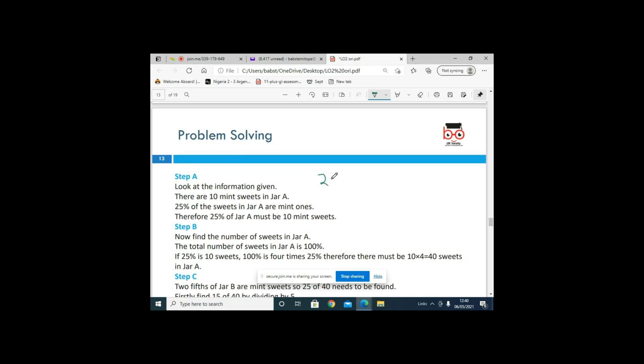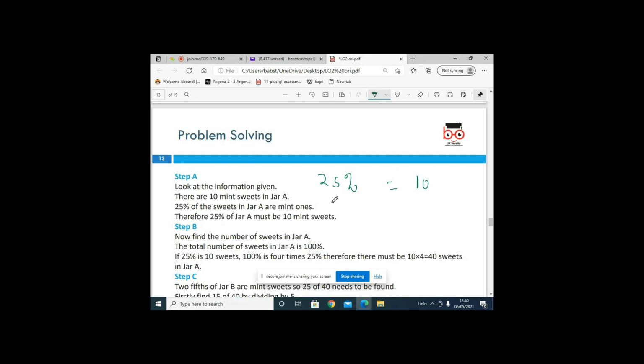That means 25% equals 10. Because 10 is 25% of what is in jar A.